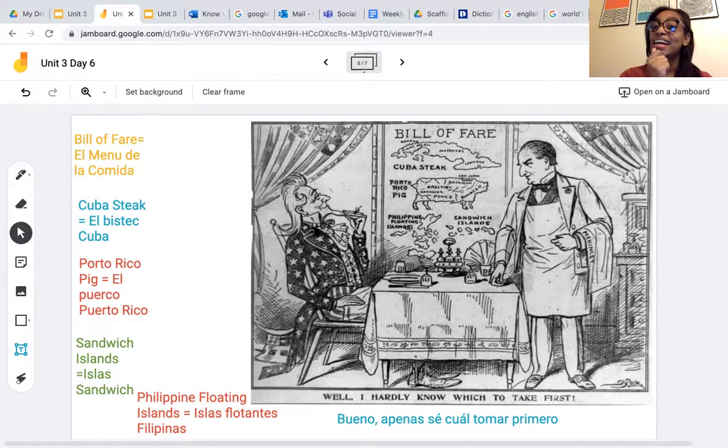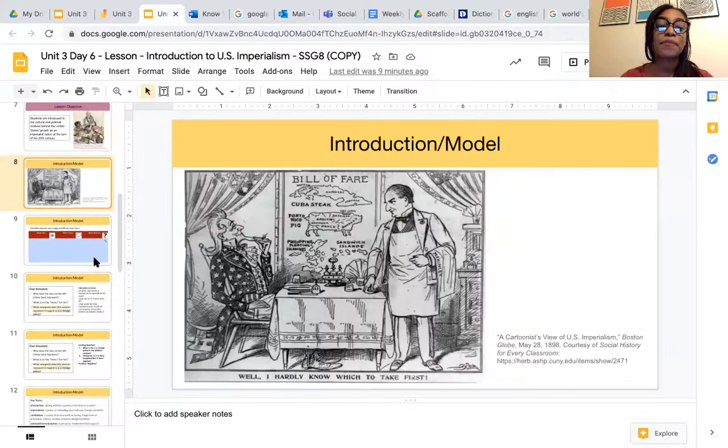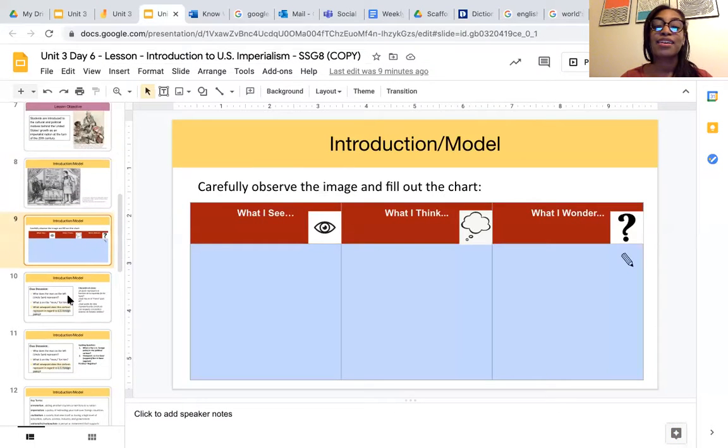He wants to eat. Aha. Okay, so what do you think is going to happen next? Maybe Uncle Sam is going to want to take these lands.